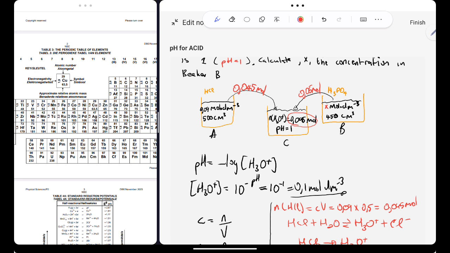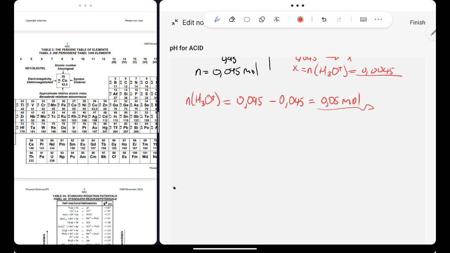But remember that, guys, phosphoric acid is a triprotic acid, which simply means it gives away 3 protons, right? So H3PO4 plus H2O will give me 3 of my hydronium ions plus the phosphate ions.